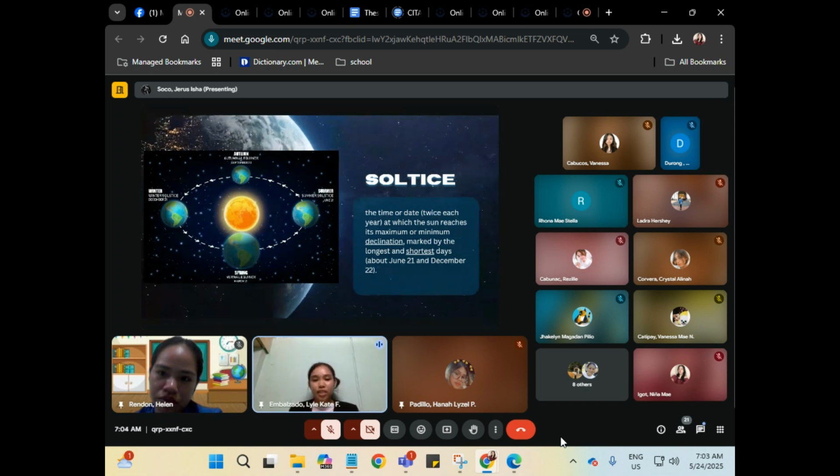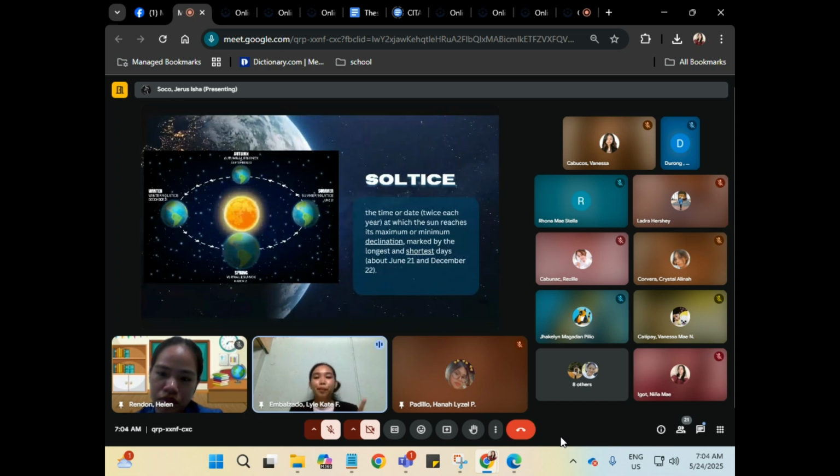While the winter solstice marks the shortest day and longest night of the year in the northern hemisphere. So it occurs when the sun is directly at the Tropic of Capricorn, which is located at 23.5 degrees south of the equator.